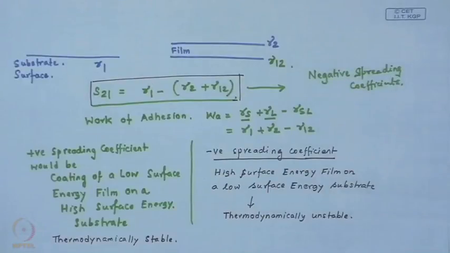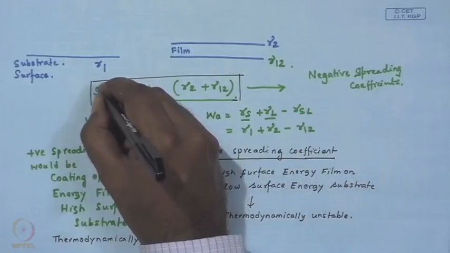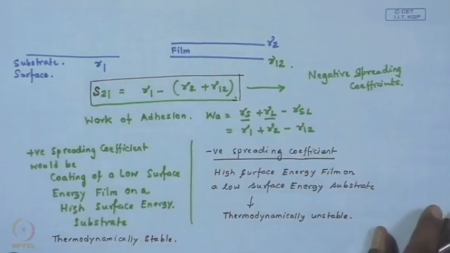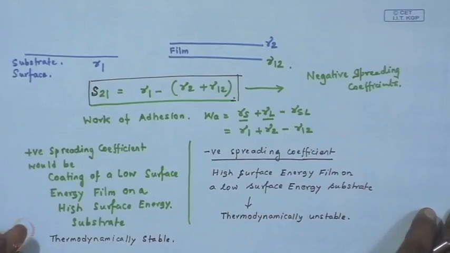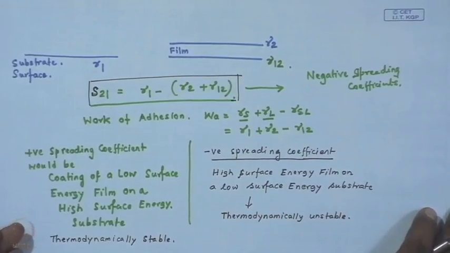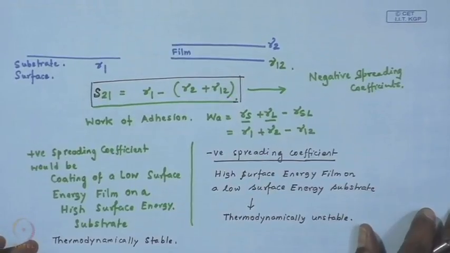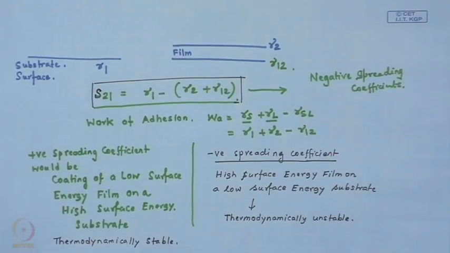But an important thing to note is that the definition of spreading coefficient is not limited to van der Waals interaction. You can have the total spreading coefficient based on considering all the components of surface and interfacial tension. Of course, you can consider one of the components independently and get the individual components of spreading coefficient.